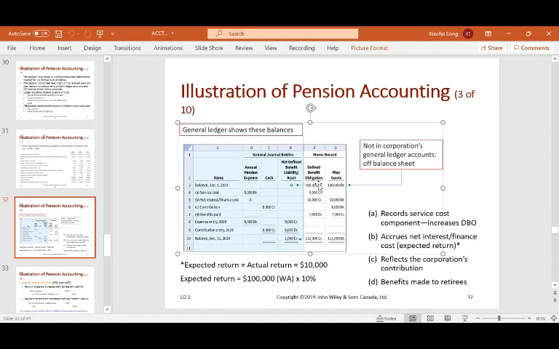It's like the retained earnings is affected by revenue and expense. But when we record revenues earned and expenses incurred, we do not use the retained earnings account. We use revenue and expense accounts.